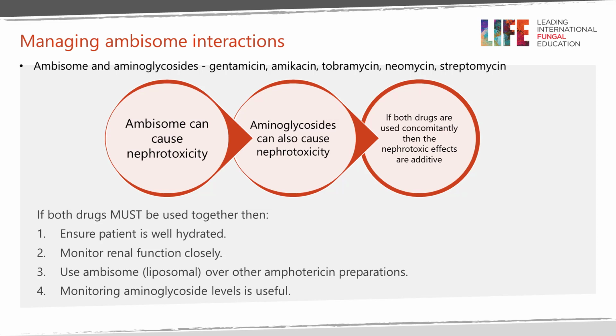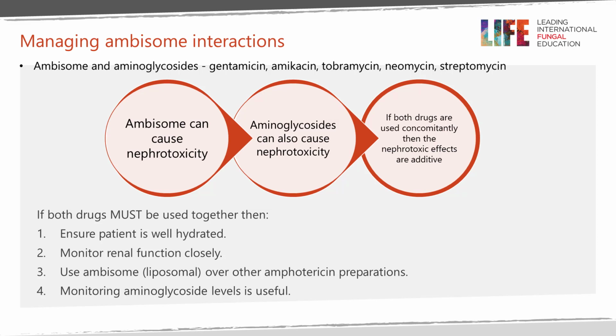So I think one should be that the patient is well hydrated, make sure fluids are kept up, and kidney function remains as well as we can keep it. Monitoring of the renal function goes without saying. It's really important that this is monitored very closely. Using ambisome or a liposomal amphotericin over other amphotericin preparations is recommended because these cause fewer side effects and can be tolerated better.